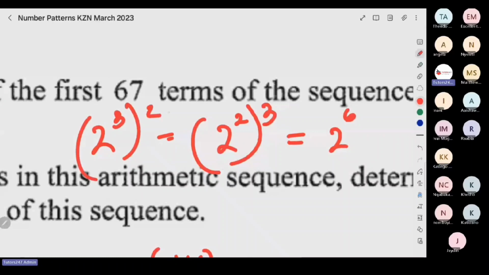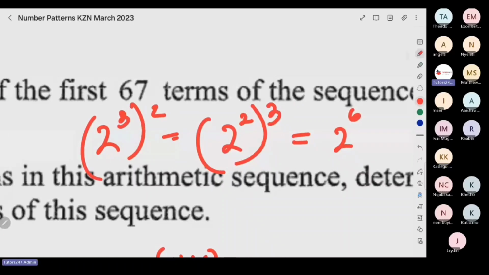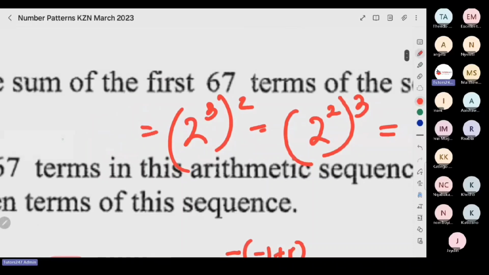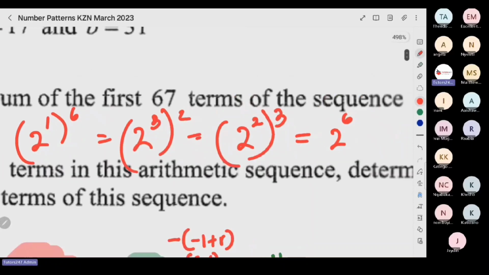It all means the same thing. You can even break it up into something different and have 2 to the power 1 raised to the power 6. These are just you making use of what you already know regarding factors. Because 1 times 6 is still 6, 2 times 3 is still 6, 3 times 2 is still 6. So that's just you manipulating what you already know regarding factors.